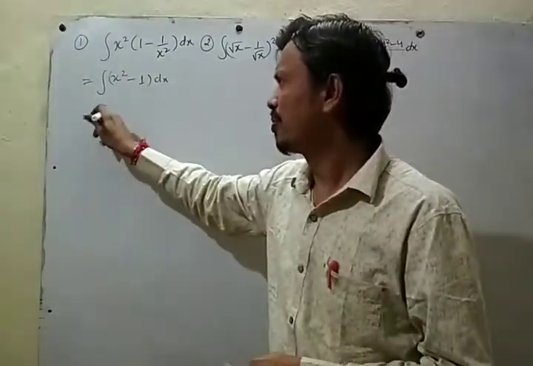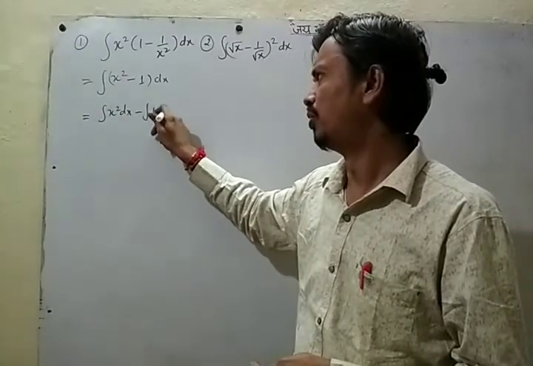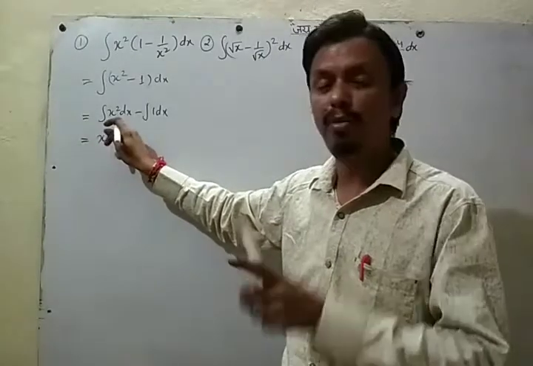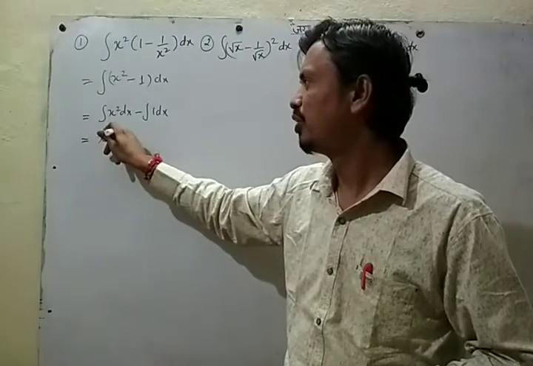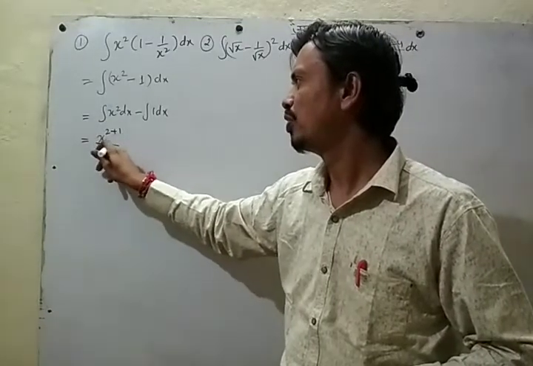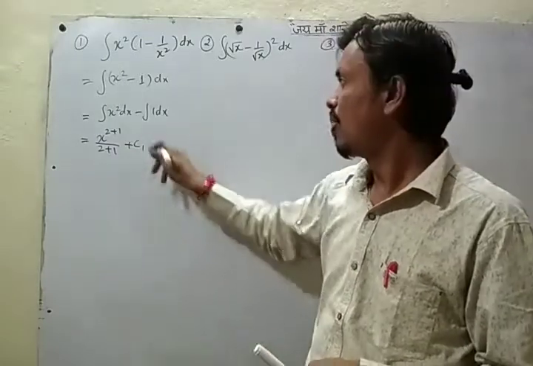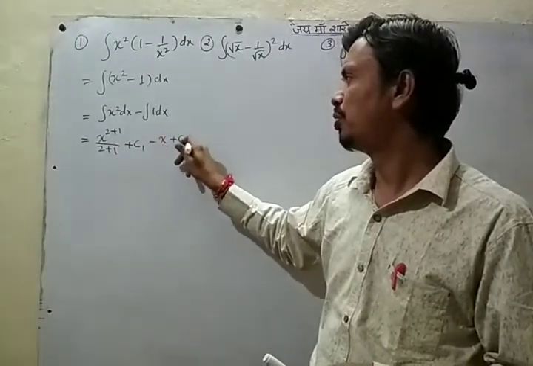So it can be written as the integral of x square minus the integral of 1. So it is equal to, we can apply the formula of the integral of x to the power n, that is x to the power n plus 1, meaning 2 plus 1 upon 2 plus 1, plus c1, and one constant we can get. Then the integration of 1 will be x plus c2.